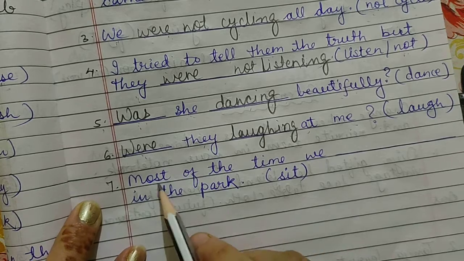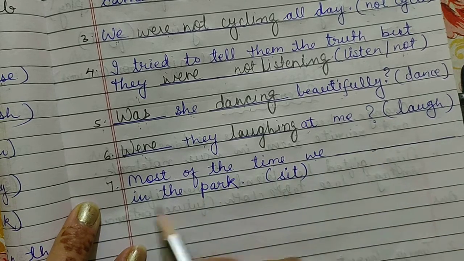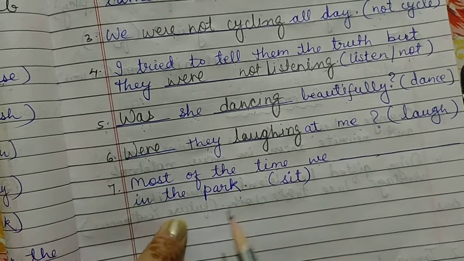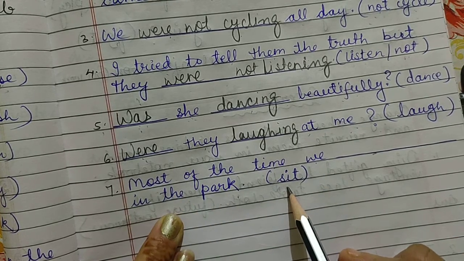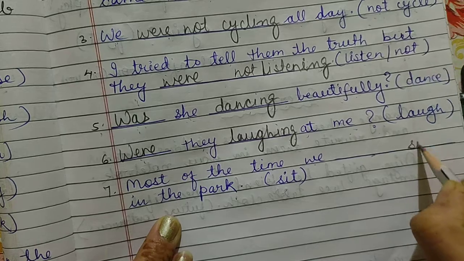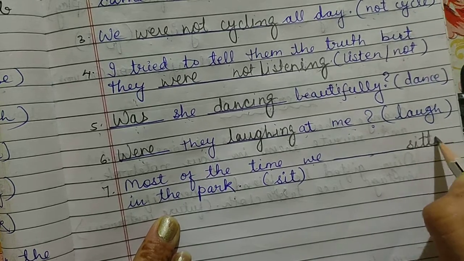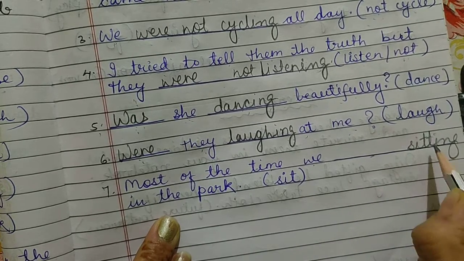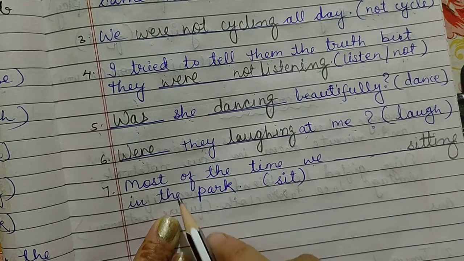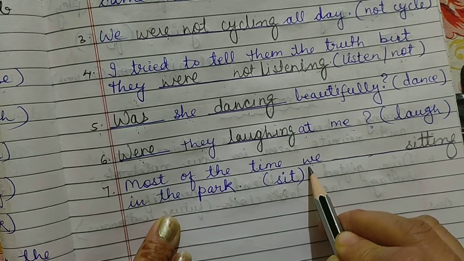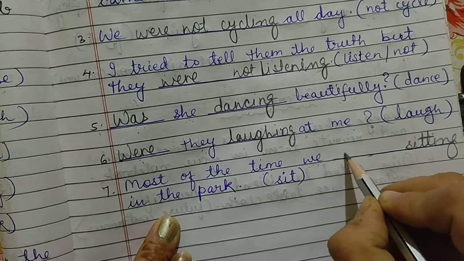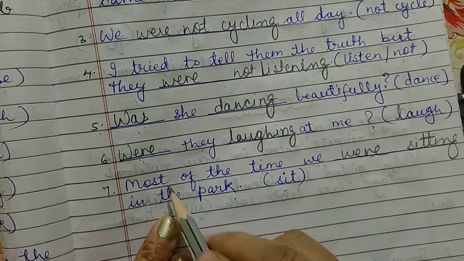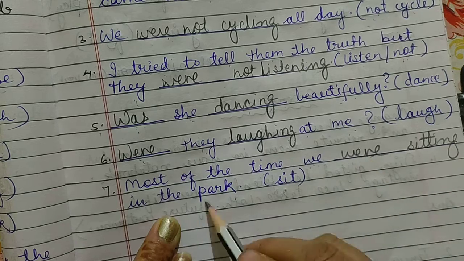Next is most of the time we dash in the park. Now sit is your verb here. We will write sitting, S-I-T, and it will become ing. Sitting, in sitting we just double the T here. Most of the time we. Now we is again a plural subject, so we will add were here. Most of the time we were sitting in the park.